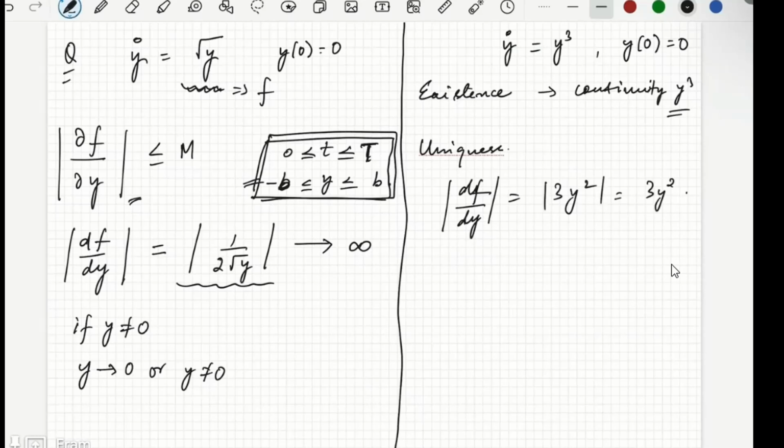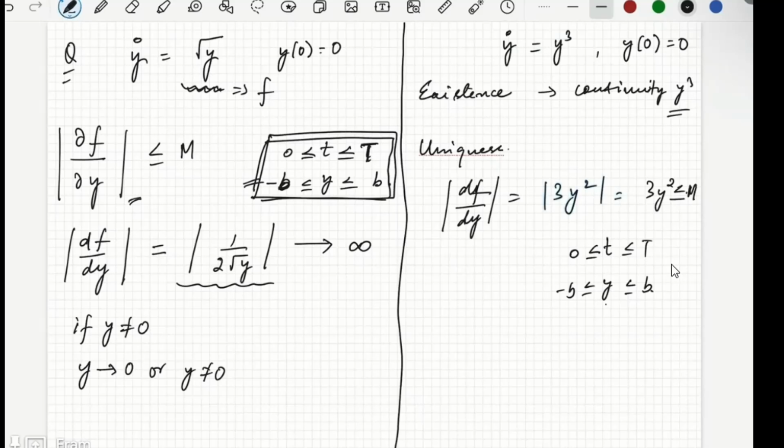Now when you define any rectangle, in that rectangle this partial derivative is defined for every y, and also we can find its bound.